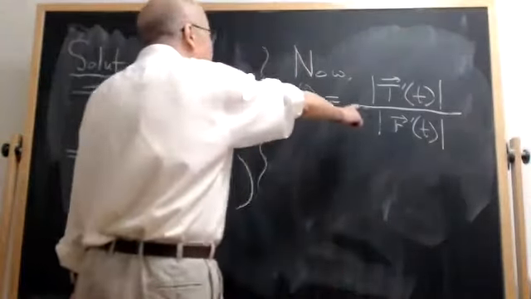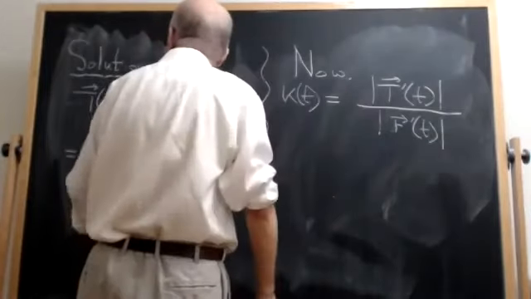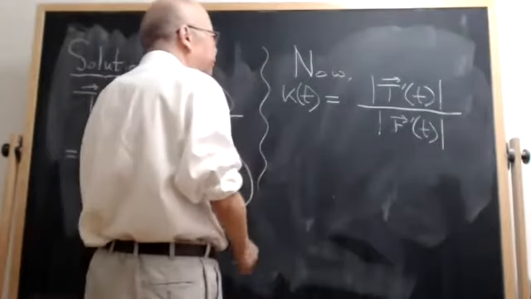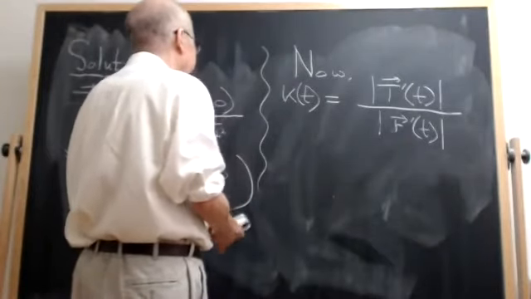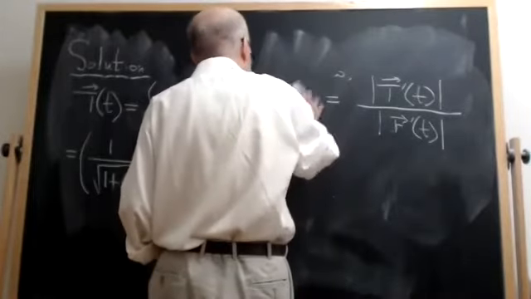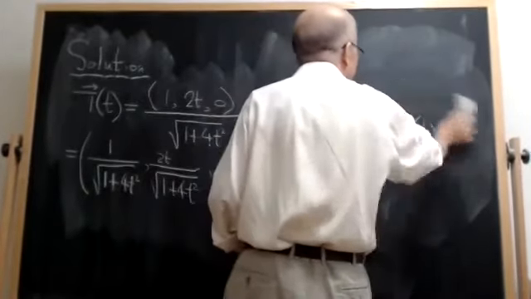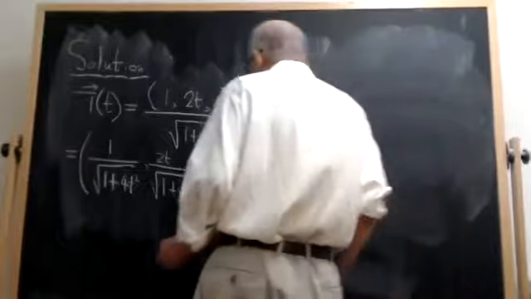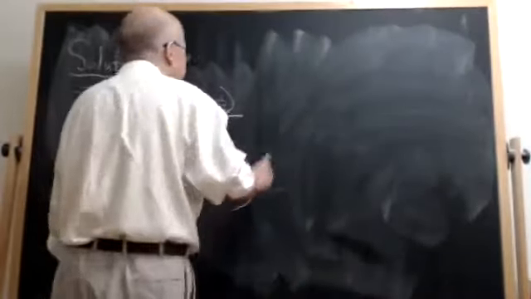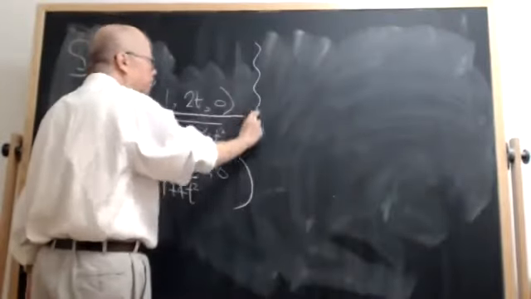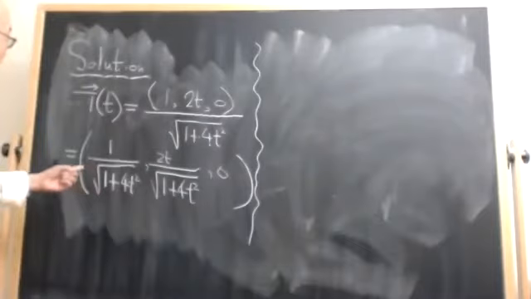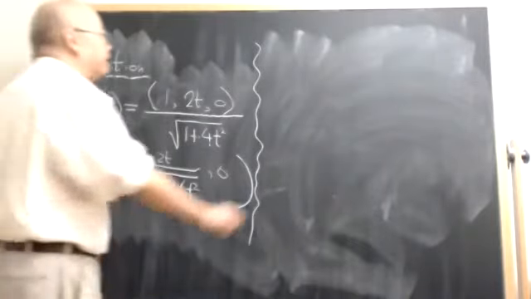So let's try to calculate the derivative of the unit tangent vector. It's a bit tedious, but it's not difficult. So I am going to differentiate T of t.